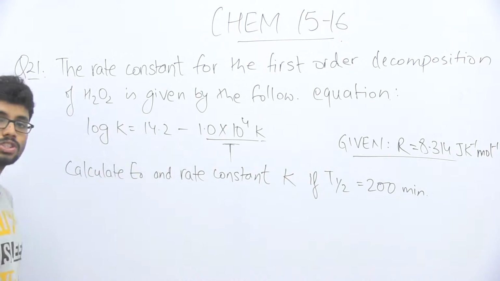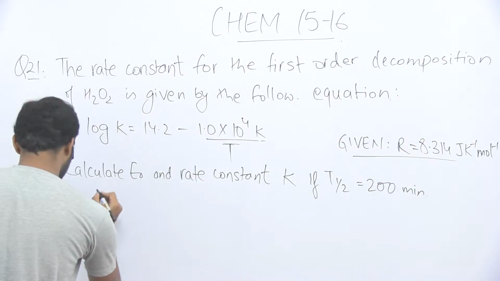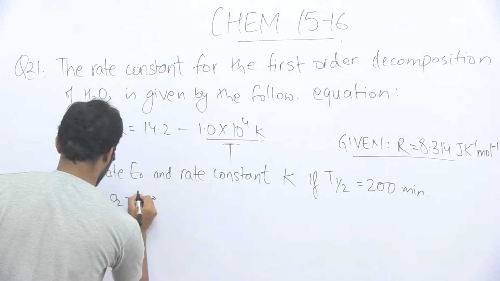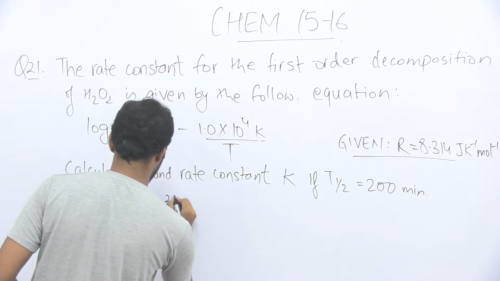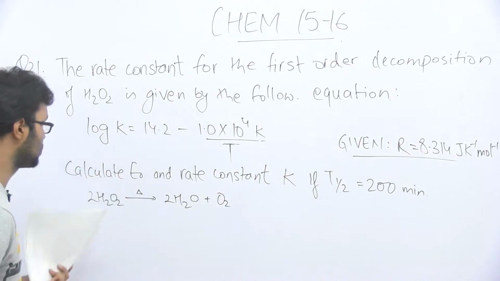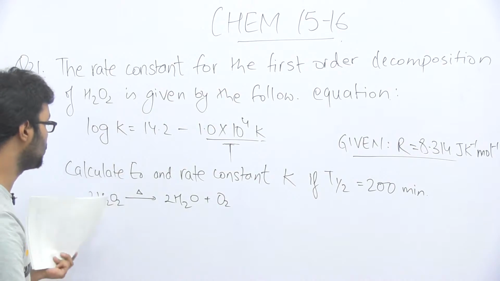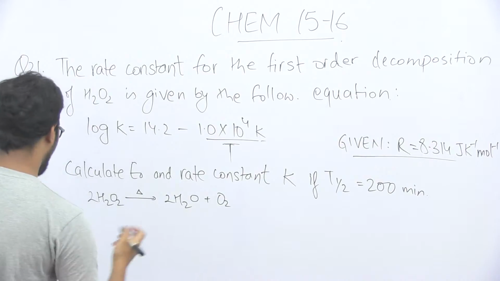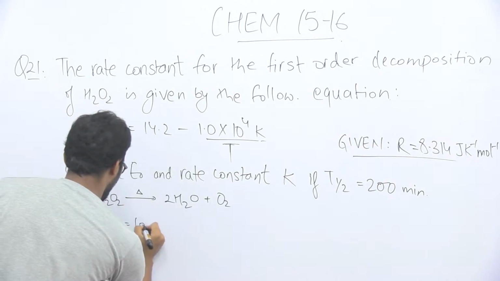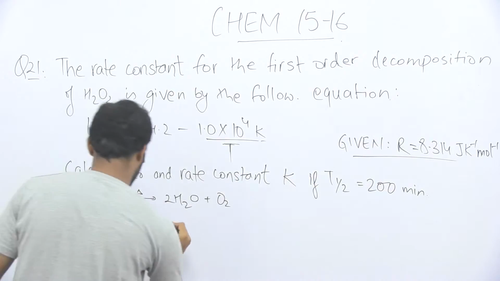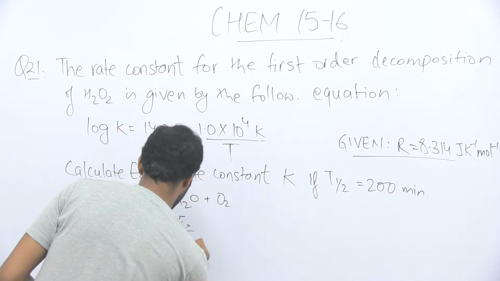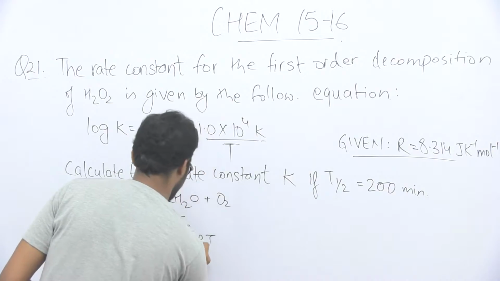We know the decomposition of H2O2 is as follows. So this is the decomposition of H2O2 reaction, and we also know that log K equals log A minus EA over 2.303 RT.